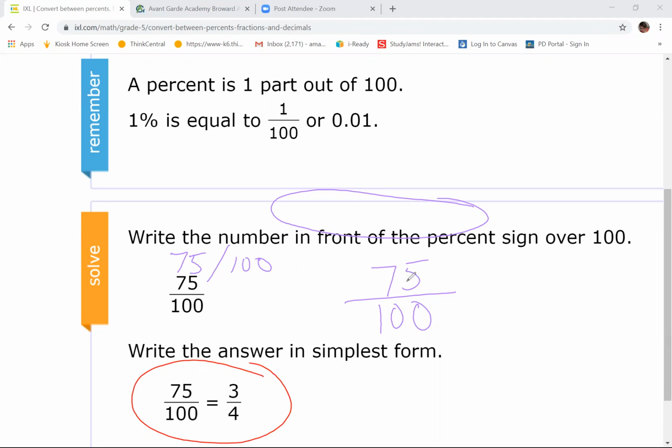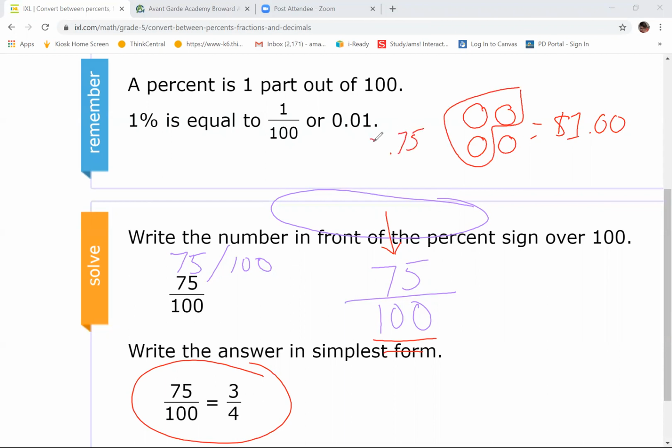Well, guys, when we're working with fractions, decimals, and percents, I love talking about money, because I easily think of a dollar, and this right here is 75 cents. In a dollar, I've got 1 quarter, 2 quarters, 3 quarters, 4 quarters equals a dollar. Now 75 cents is 3 quarters.